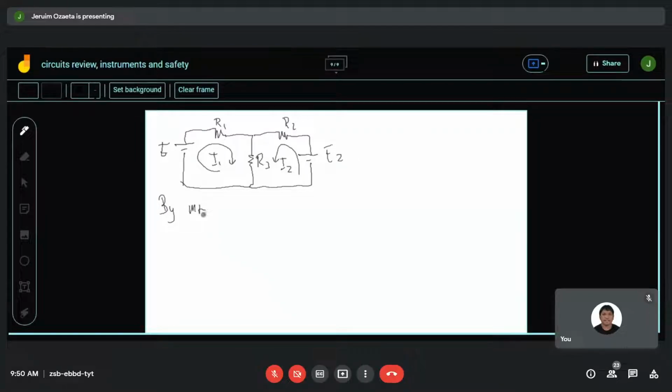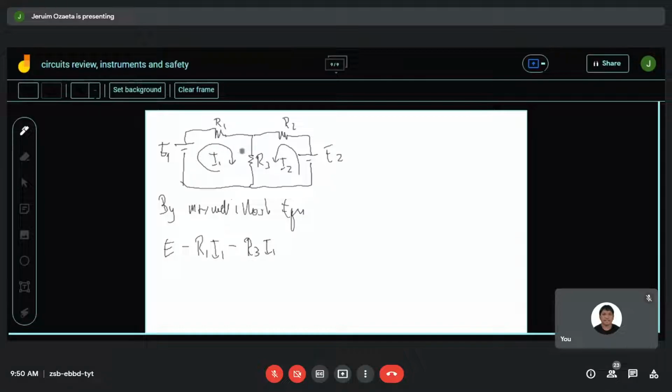By Maxwell's mesh equation, you have E sub 1 minus R sub 1 I sub 1 minus R sub 3 I sub 1.